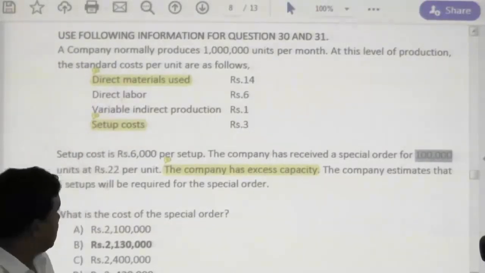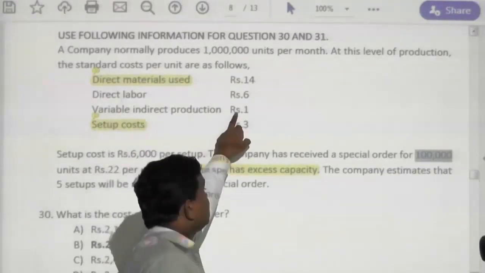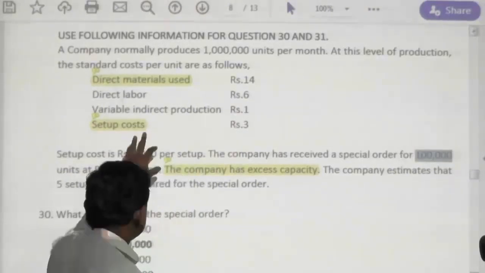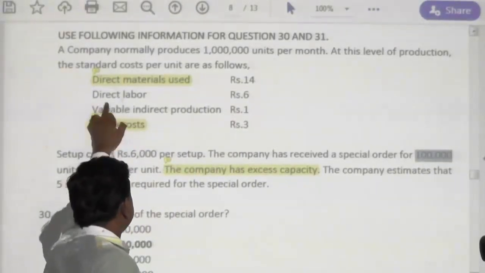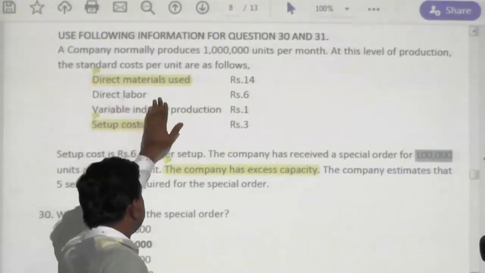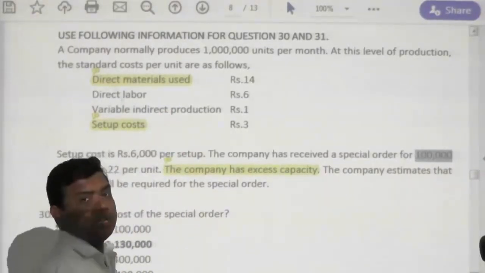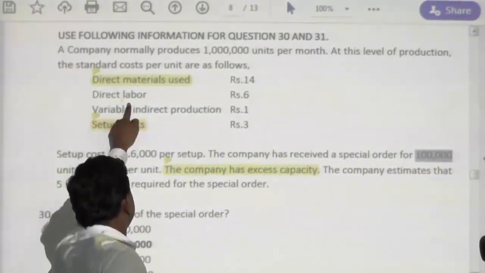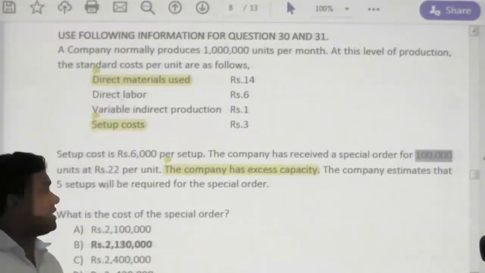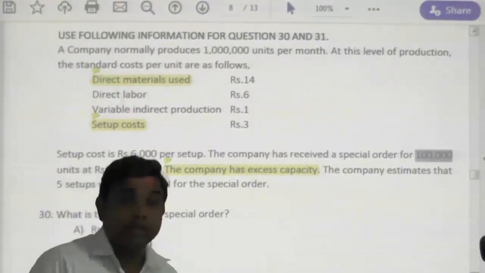Since it is variable, it should be considered as a variable cost. Why? It is overhead, but it varies, right? If that wording is not there, if it is just indirect production, you can say it is fixed, never changes with the quantity. But here is a special wording that is variable. Therefore we can consider this indirect production, since the wording variable, as a variable cost.